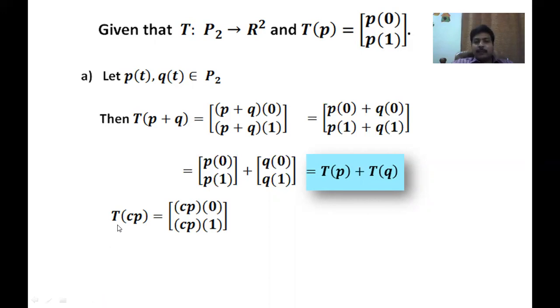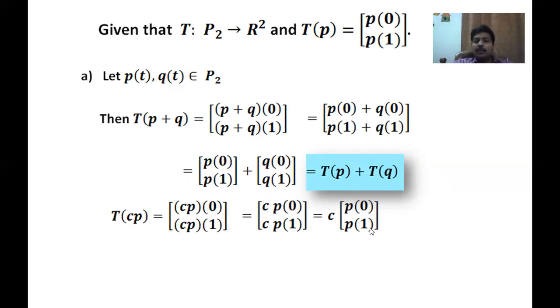Now this is the second property. T of cp, where cp is another polynomial of degree at most 2. So this is cp(0) and this is cp(1). This can be written as c times p(0) and c times p(1). Now c can be taken out of this matrix.